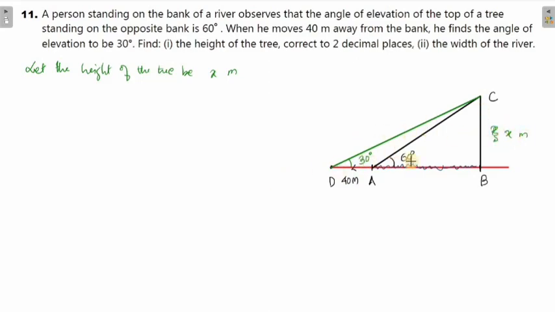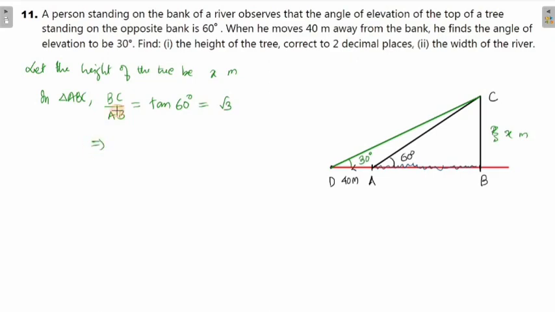So there are two triangles, obviously. Let's make use of this smaller triangle, ABC, and find AB. We have BC by AB. BC is the perpendicular, AB is the base. So perpendicular by base is tan theta, and theta is given to be 60 degrees, and all of you know tan 60 degrees is root 3.